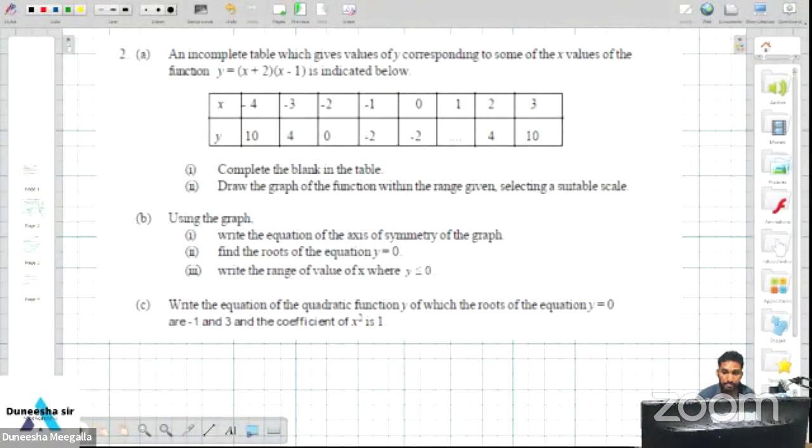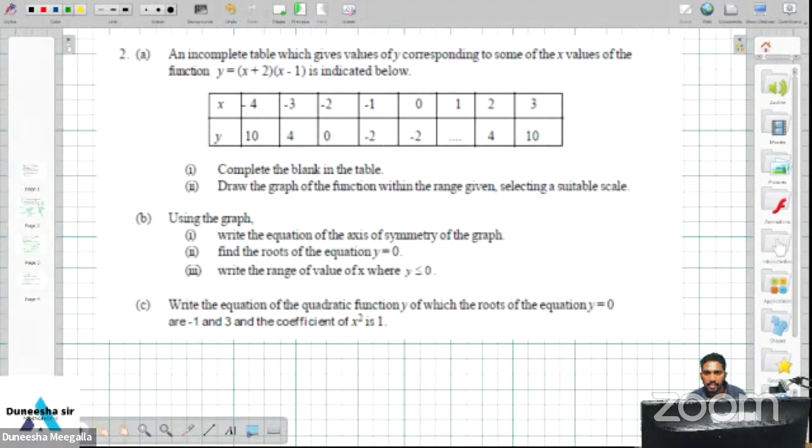Next, we go into the questions. Okay, can you see the question? What is the suitable scale... Can you write the equation of the axis of symmetry of the graph?